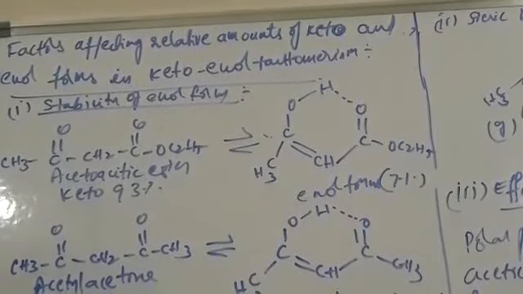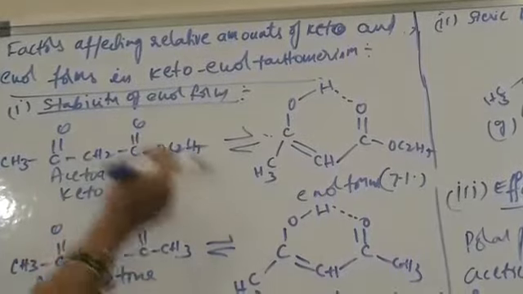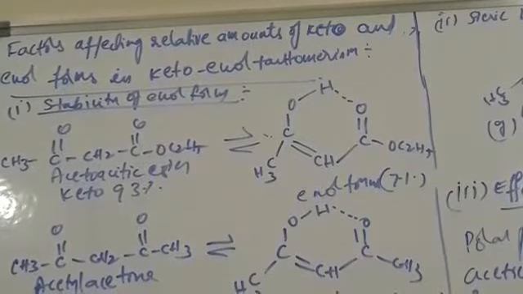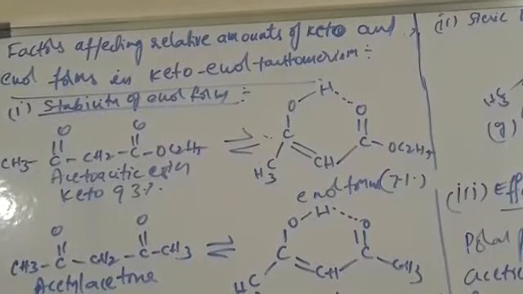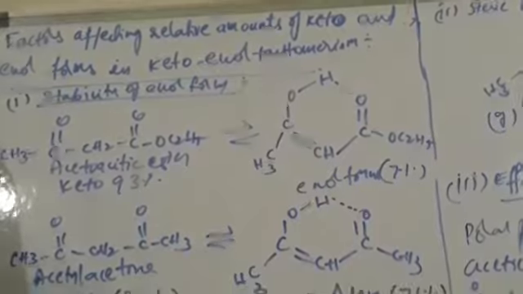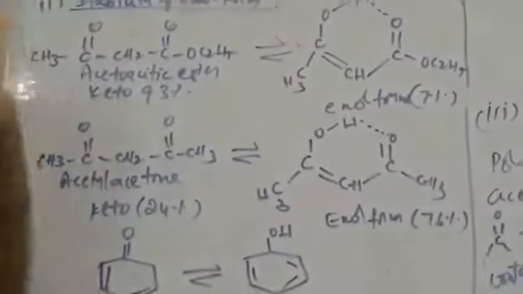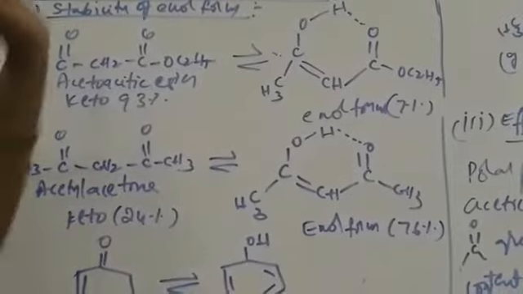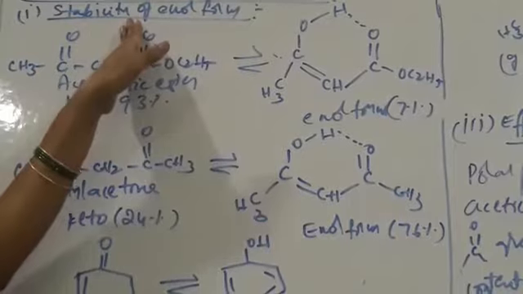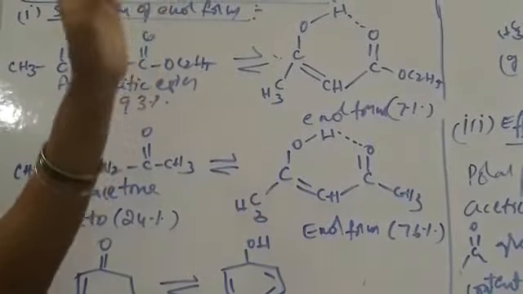But in some compounds, especially in 1,3 diketones, the percentage of enol form increases. Here the enol form gets stabilized either by intramolecular hydrogen bonds or by resonance. So the stability of the enol form has two conditions.